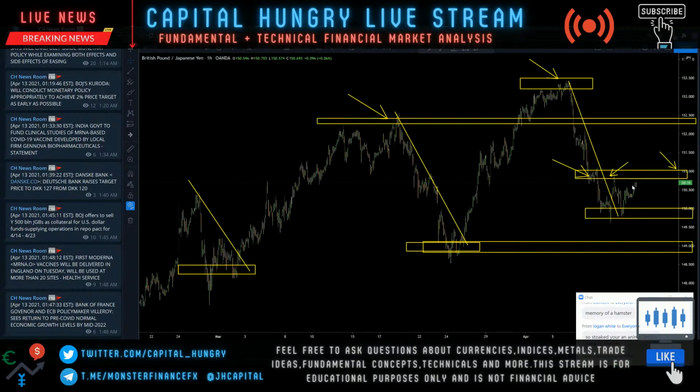If we have strong UK economic data tonight, if the Japanese yen is still weak, if we technically break above 150.8 and 151, there is a lot of room for upside to start scaling in buys to revisit these previous highs.